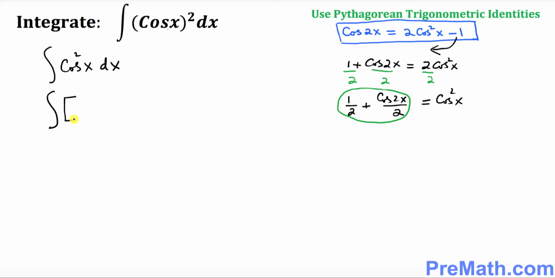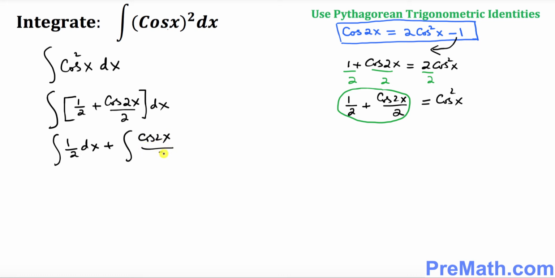I'm going to write down the integral of 1 over 2 plus cosine of 2x divided by 2 times dx. Let's go ahead and expand it by using the definition. So we can write the integral of 1 over 2 times dx plus the integral of cosine of 2x divided by 2 times dx.